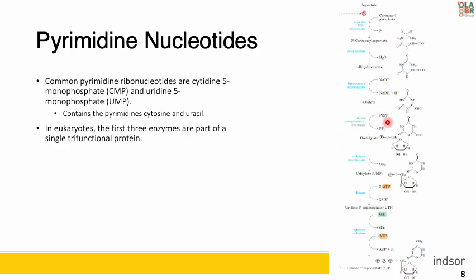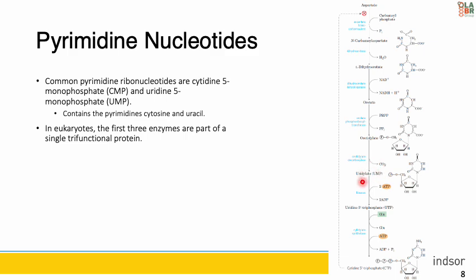So PRPP comes in again, donates that ribose 5 phosphate side chain, and we end up yielding our molecule orotidylate. From here, orotidylate is then decarboxylated to UMP. We have the removal of that CO2 group right here, and you form our UMP.